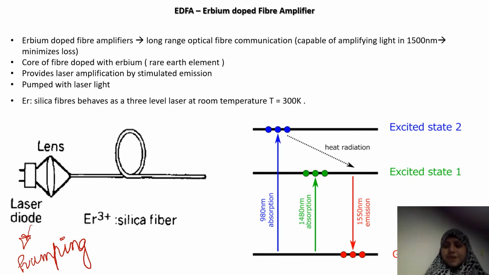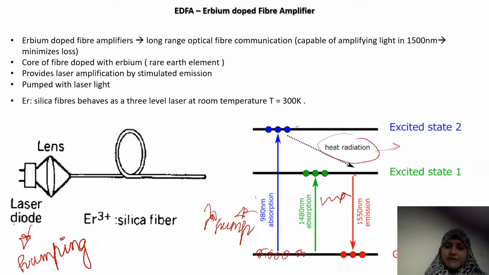Here we have erbium atoms in the ground state, and we pump them using this laser diode at a pump wavelength of 980 nanometers, and they get excited to the second excited state. From there they relax to the first excited state, which results in heat radiation.